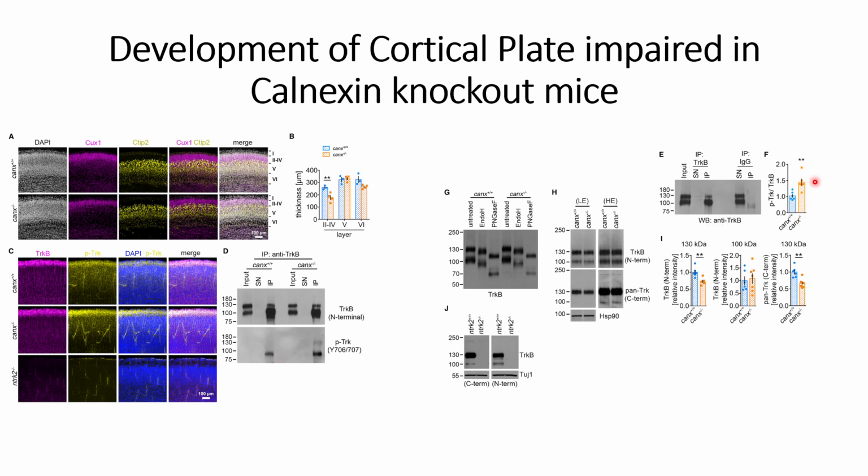It indicates that phosphorylated TRKB is higher in the case of calnexin knockout because of the overproduction of phosphorylated TRKB within the cells and lack of transport of this phosphorylated TRKB onto the cell surface. And after that, since there is a change in the glycosylation profile, they decided to check how many immature glycans and how many N-glycans are there.